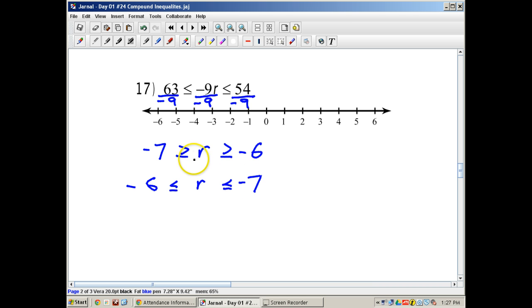Now, what is different or weird about this compared to the other ones we did in the front? Something off. Well, two things had to be true for the in-between. Number one, they had to be less than or less than or equal signs only. And the second thing was the smaller number had to be on the left.